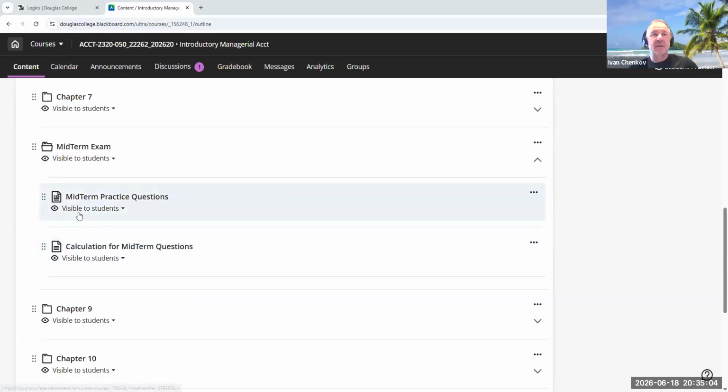Let me share my screen and I'll show you where I'm gonna post this Excel spreadsheet, which was just created. And once the recording is available, I'm gonna upload the recording and you should be okay. So on the midterm practice questions, calculation for the midterm, there will be a second document.